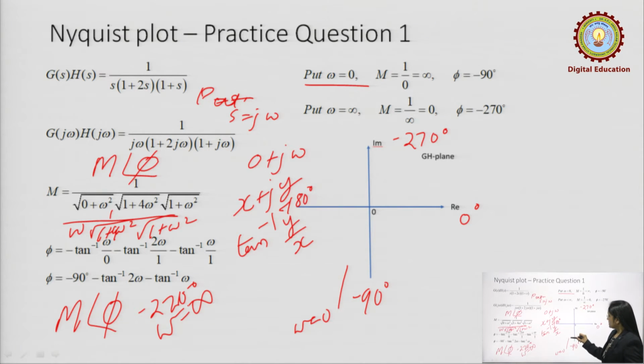So, the plot will start at minus 90 degree and terminate at omega equal to infinity at the minus 270 degree axis, where the magnitude is 0.